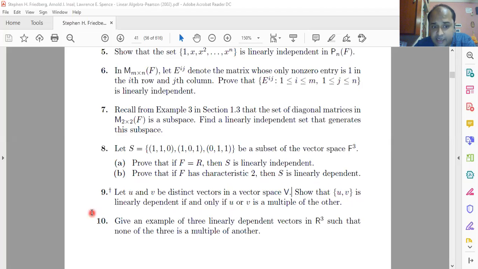I hope you have solved it. This result is there as an exercise in problem number 9 of the previous section, section 1.5. So I'm going to use this result for the current problem. Let me show you how.